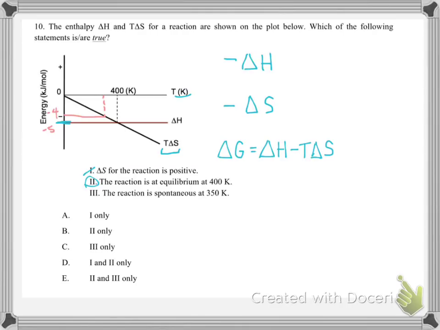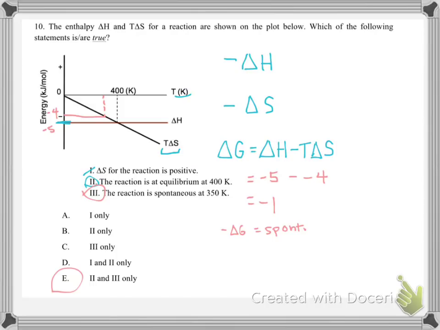It's just less negative. Let's see how this would play out. We'd have -5 minus -4. So this would be equal to -1. And so we know when delta G is negative, that's spontaneous. Okay, so 2 and 3 seem to be true.